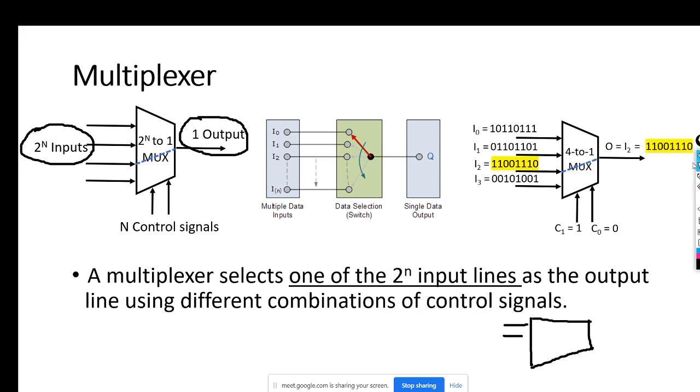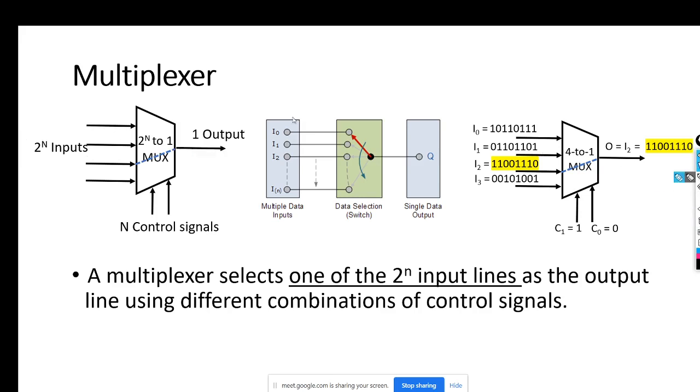So what a multiplexer does is, at different times, different inputs can go out in the output. That is called a multiplexer. I will explain it using an example.